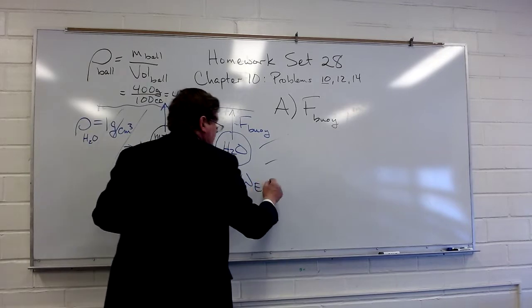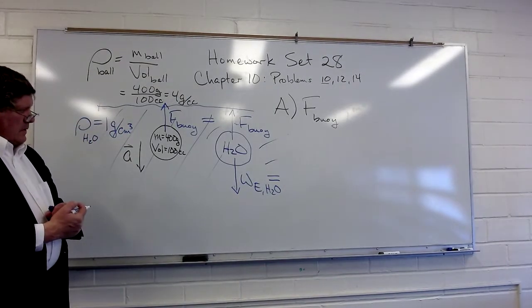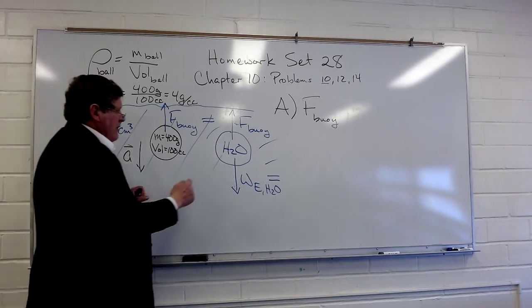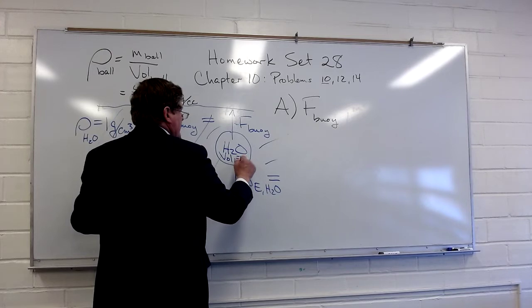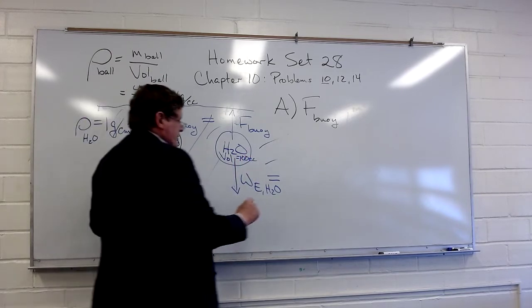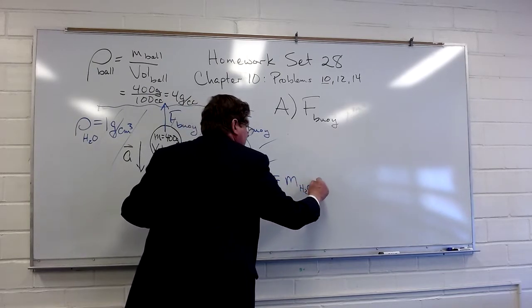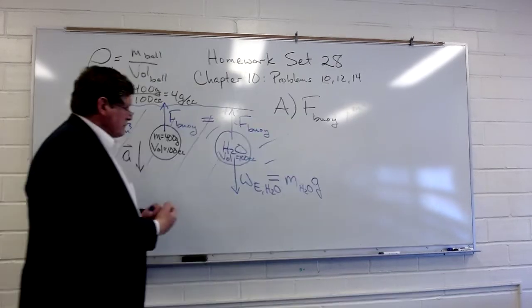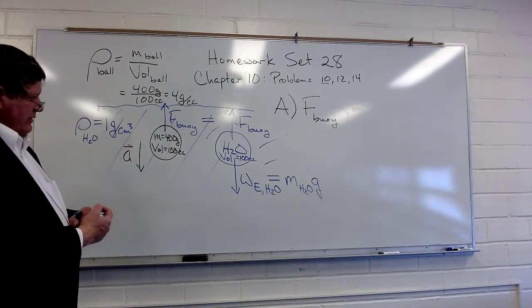Well, let's find out what that is. Well, I know that the volume of this ball is still going to be 100 cc's. Well, this is going to be the mass of the water times G. Well, what's the mass of 100 cc's of water?